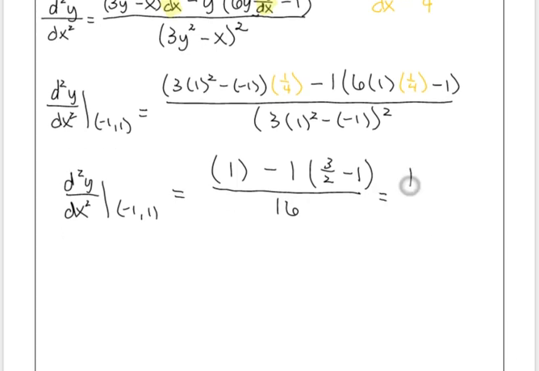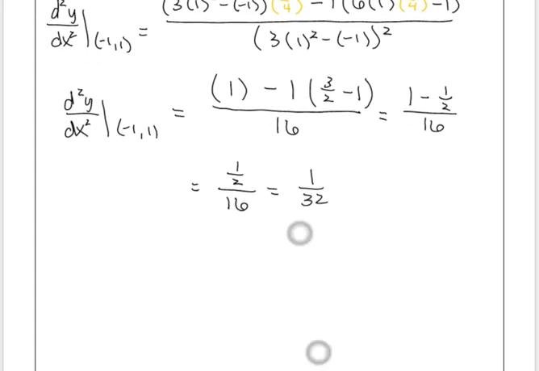So let's see, we get 1 minus 1/2 all over 16. So we get 1/2 over 16. And so we get 1 over 32 as our answer. So d2y dx squared evaluated at -1, 1 is equal to 1 over 32.